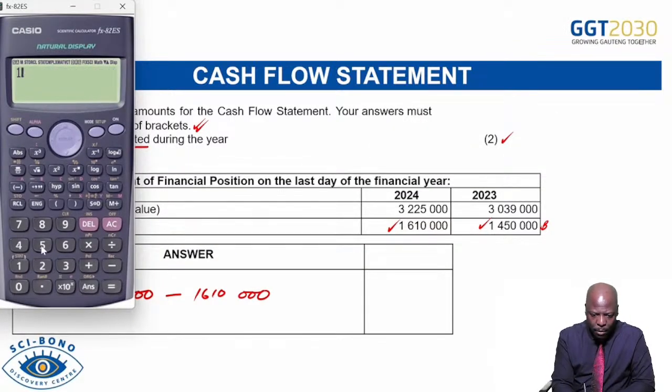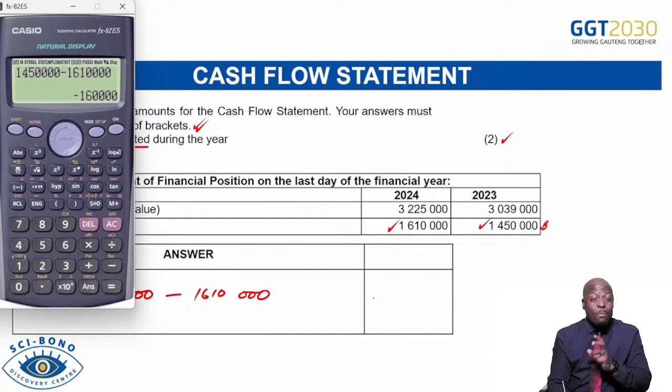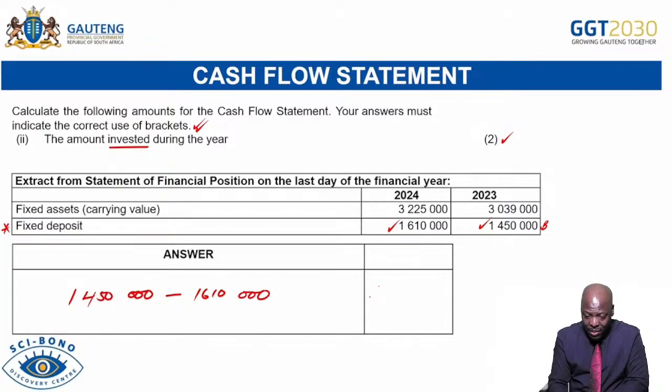So 1,450,000 minus 1,610,000. That means we have invested 160. You can see on my calculator, it's already in brackets. It's a negative amount. So I'll say 160,000 in brackets. That's a cash outflow.